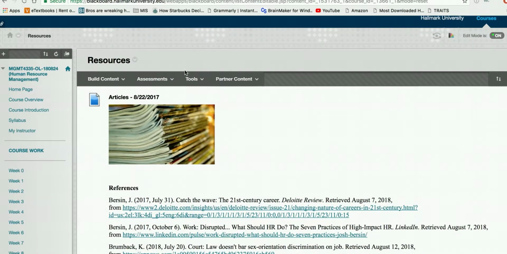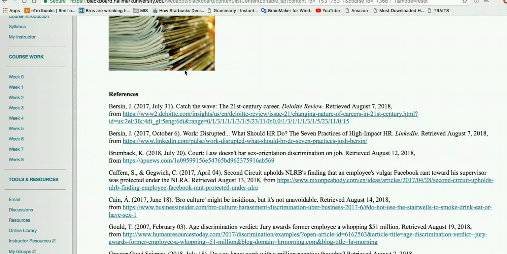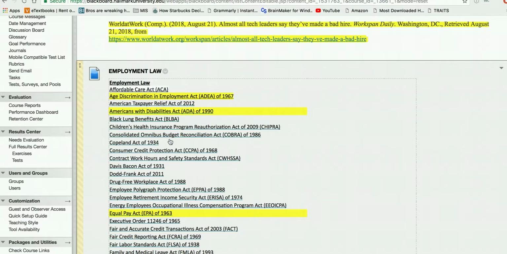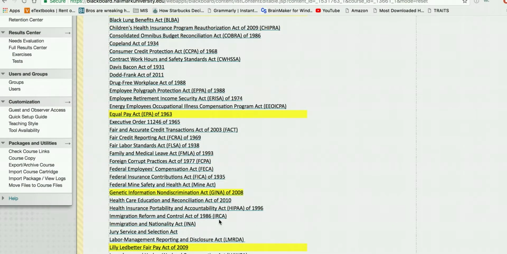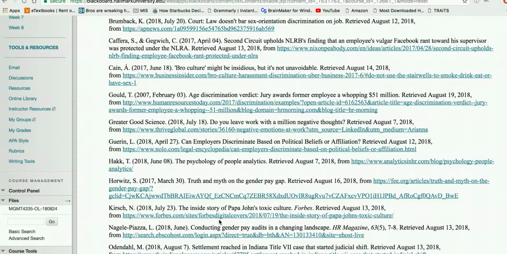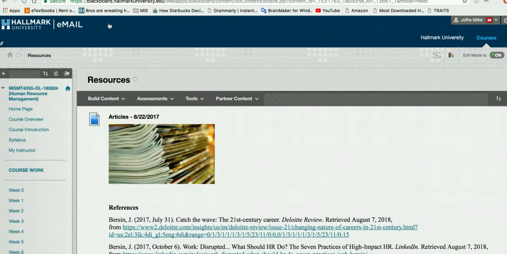You need to go out there and read it yourself, so you can get the facts on it. And anytime that you're referencing a particular law, it's best to reference the agency that oversees that law and where you're getting your information, which will be one of those websites. So, going back to where we were.